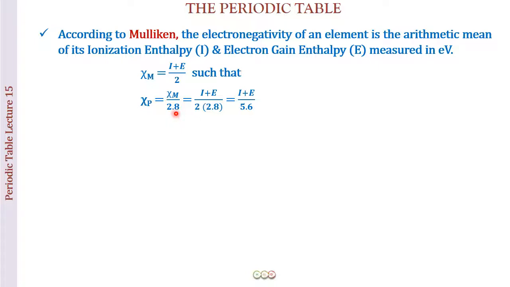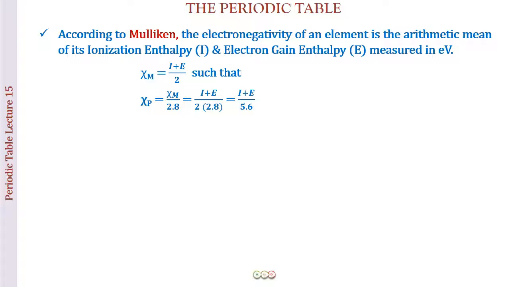What we mean by this is that whatever values come for Mulliken's electronegativity, they are 2.8 times that of the Pauling electronegativity. So we can write chi P to be (I plus E) divided by 2 into 2.8, or (I plus E) divided by 5.6.